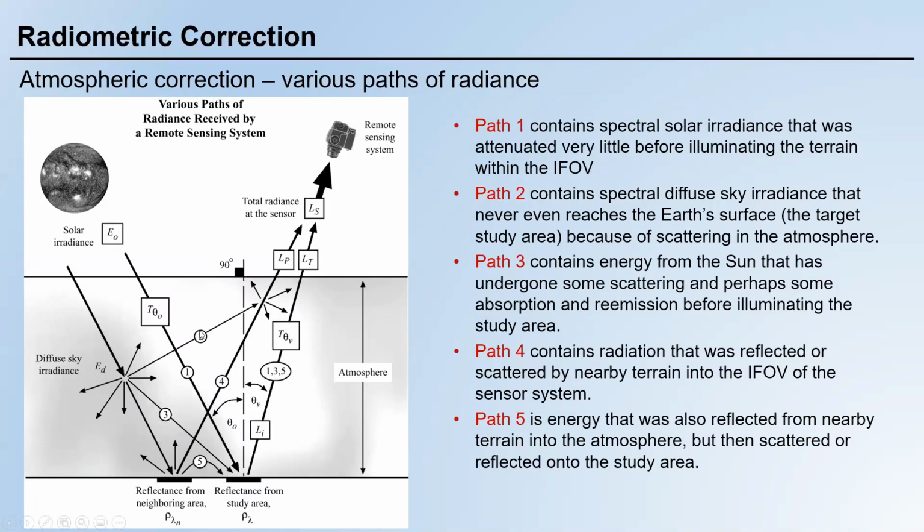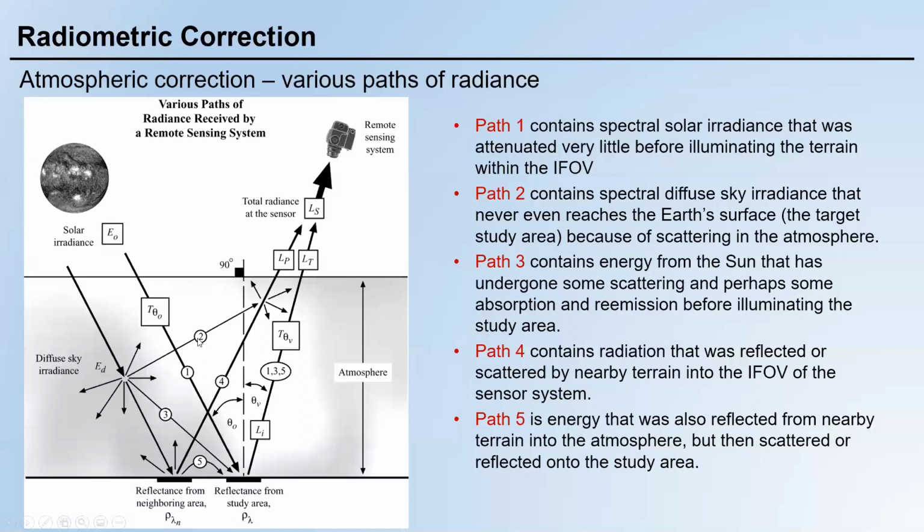Path 2 is here. It contains spectral diffuse sky irradiance that never even reaches the Earth's surface because of scattering in the atmosphere. So you can say here is another light, or EMR. It interacts with the atmosphere, and path 2 addresses the energy that never arrives at the ground.